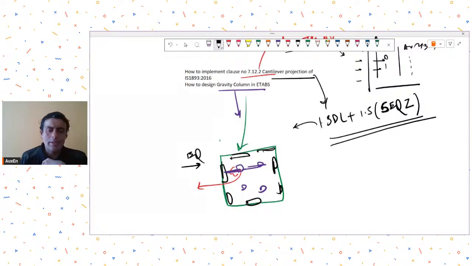If you provide a moment release to your column ends, then moments due to earthquake will not be transferred. The problem is that the axial load effects due to earthquake also should not be transferred to your columns. That is the tricky part.